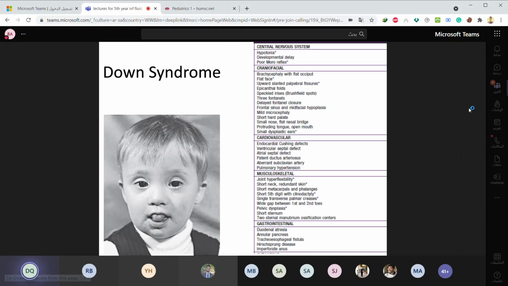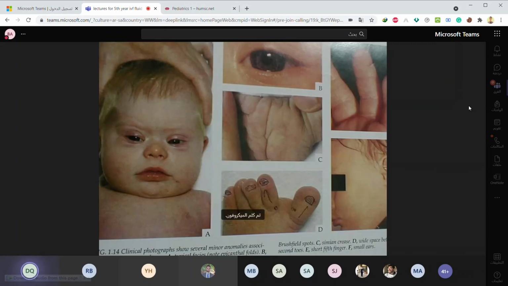This is the typical feature of Down syndrome. You can know the phenotype presentation of Down syndrome. Read them, believe me, there will be questions on them.